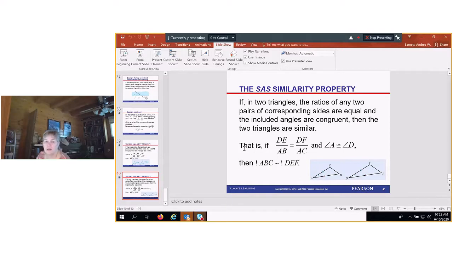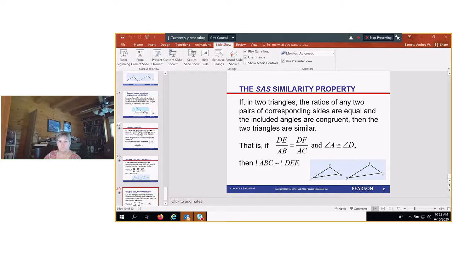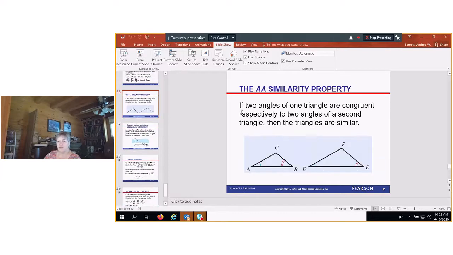This is taking into effect the side angle side property. If in two triangles the ratios of two pairs of corresponding sides are equal and the included angle are congruent, then the two triangles are similar. So in your homework, it's going to ask you, are triangles similar? And it's going to ask you why. So you've got the side, side, side. The first one was angle, angle similarity.